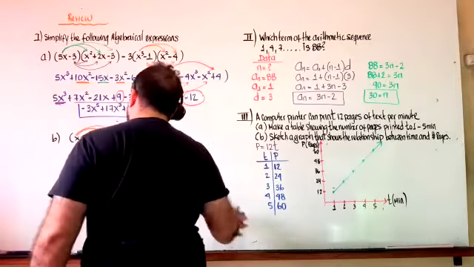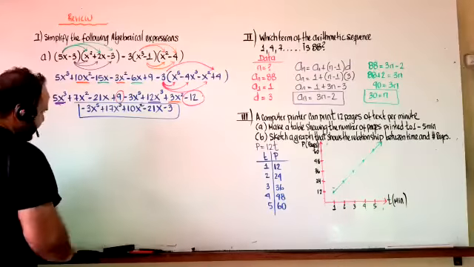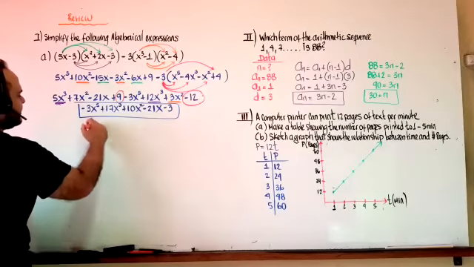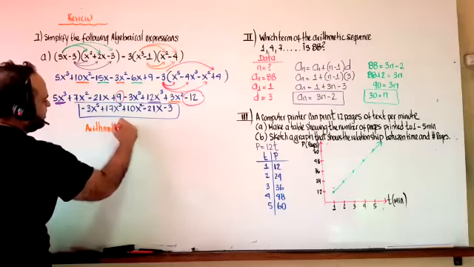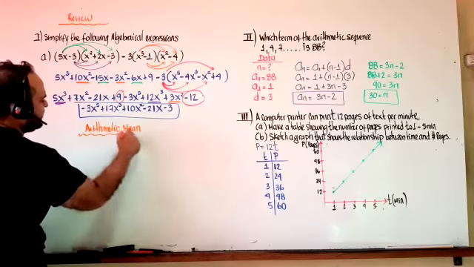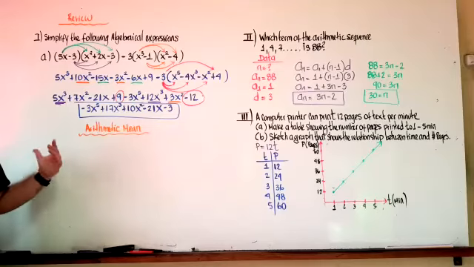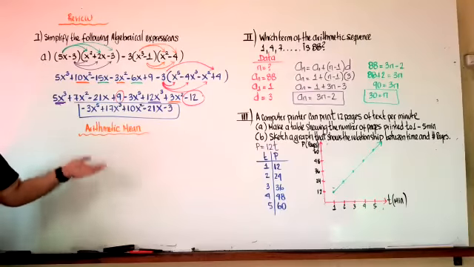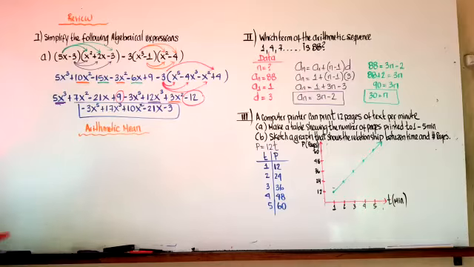I'm going to erase over here, letter B, and I'm going to copy the arithmetic mean. Actually, you're going to learn this topic in more detail in the fourth quarter, because there are 2 ways to calculate the arithmetic mean, for non-grouping data and grouping data. This is for non-grouping data.